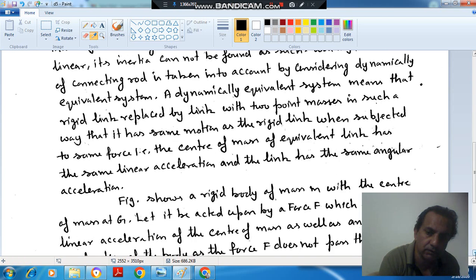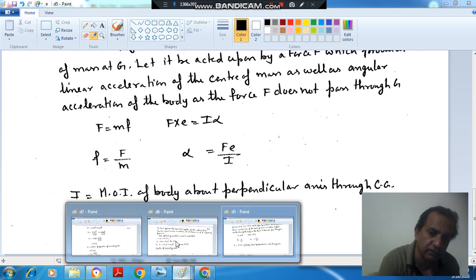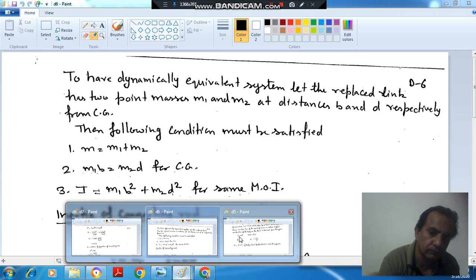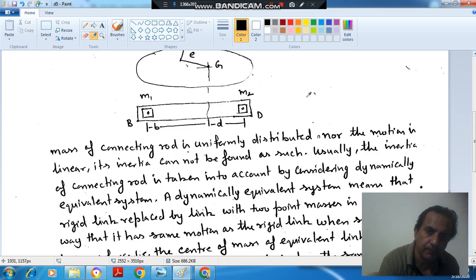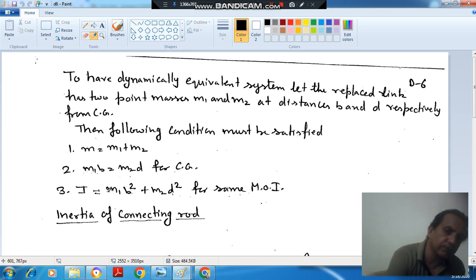So for this second body to have the same moment of inertia, I should be equal to m1 b square plus m2 d square. I is the moment of inertia of the actual body, and this is your massless body with only masses m1 and m2, so its moment of inertia will be m1 b square plus m2 d square. That should be equal to the moment of inertia of the actual body.